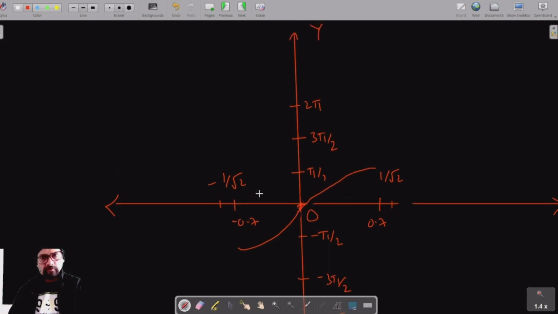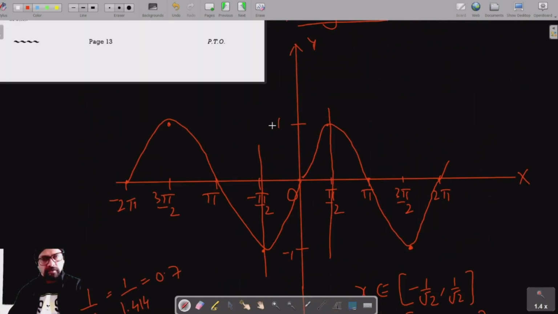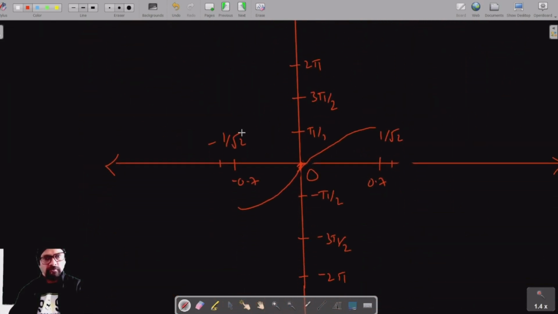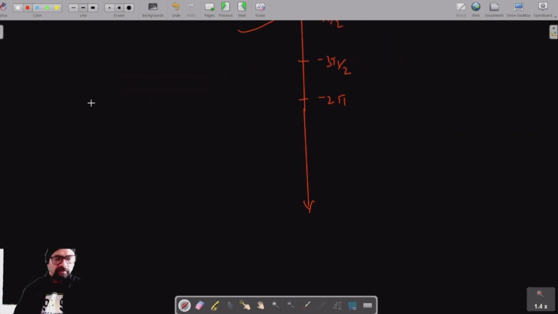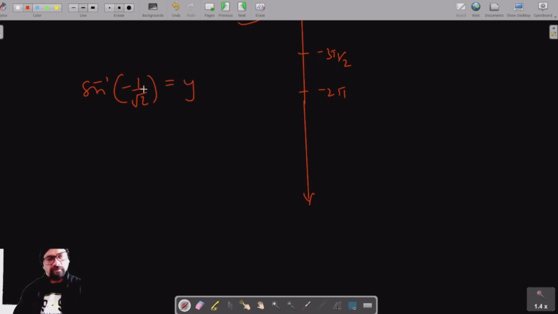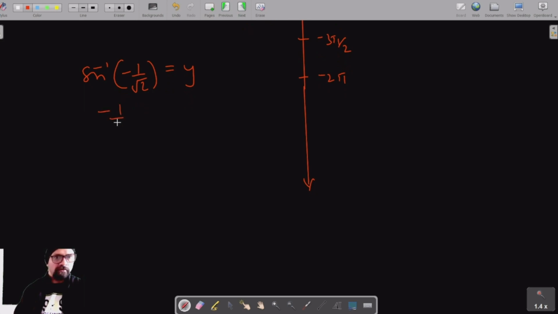Okay. Now we have to find the range of the graph as well. So the minimum value is -1 by root 2. So sine inverse of -1 by root 2 is equal to y. This means -1 by root 2 is equal to sine y.